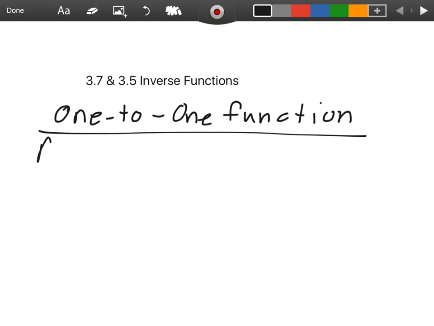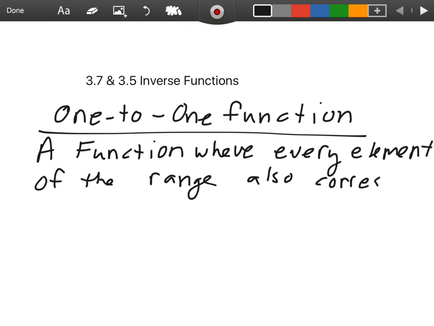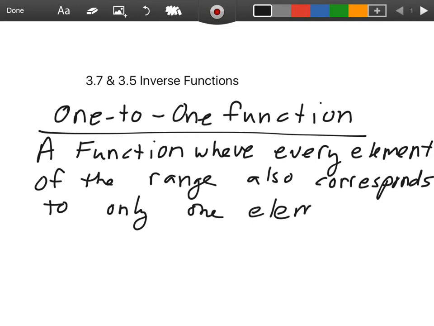A one-to-one function is a function, so it must first follow the definition of a function, but it is a function where every element of the range also corresponds to only one element of the domain.